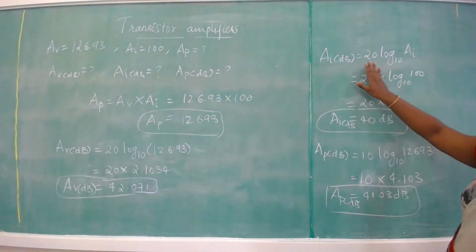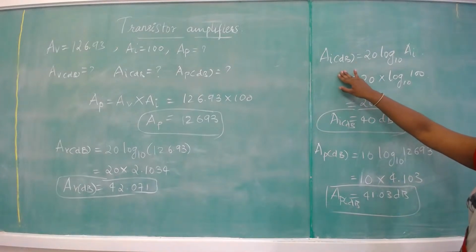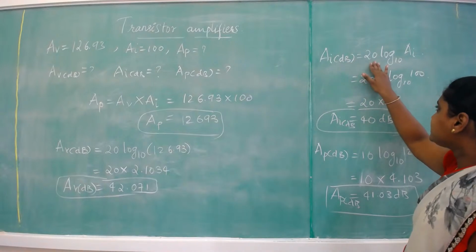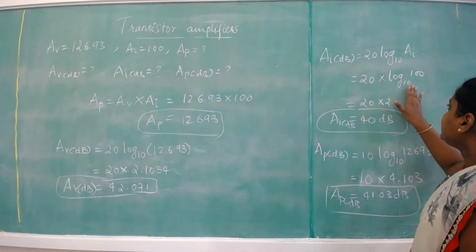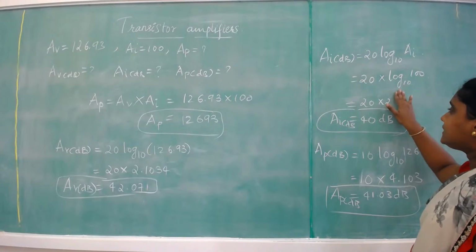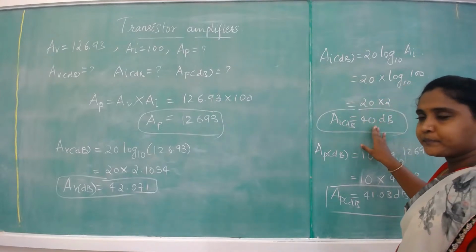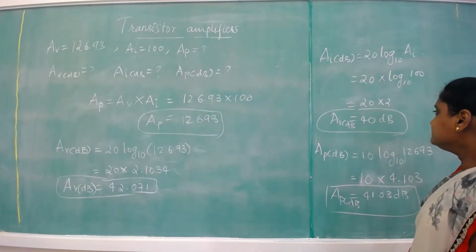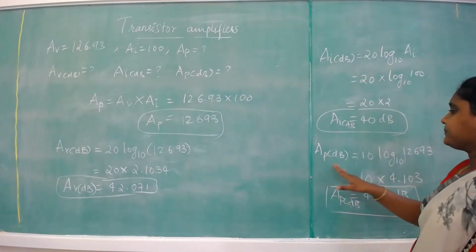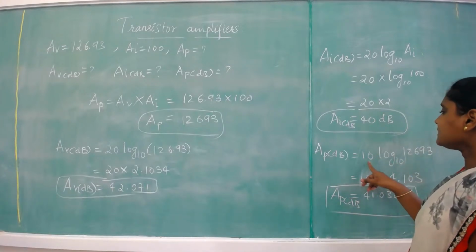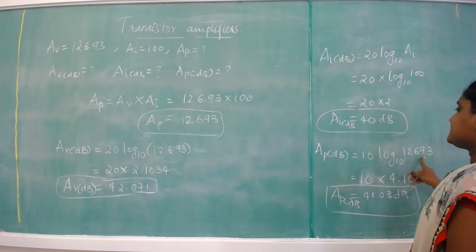Now the AI dB, that is the current gain in terms of dB, is again computed with 20 log to the base 10 of AI. The value of AI is 100 and log of 100 is 2. So 20 into 2 is going to give us what? The value is 40. Now the AP is 10 log to the base 10 of this value.